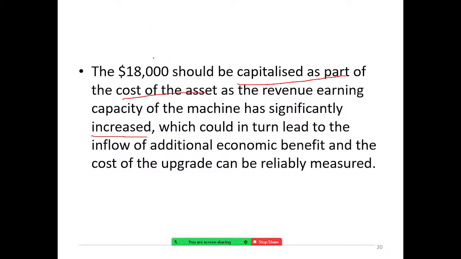The operating capacity has increased significantly, which could in turn lead to the inflow of additional economic benefit, and the cost of the upgrade can be reliably measured. Those two conditions are met, therefore this 18,000 can be charged to property, plant and equipment.